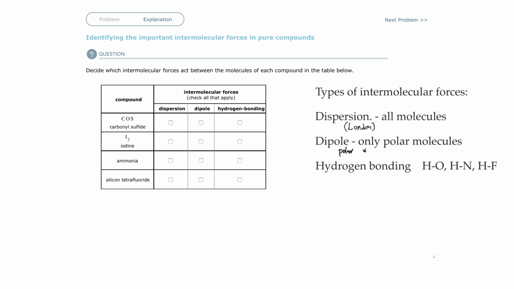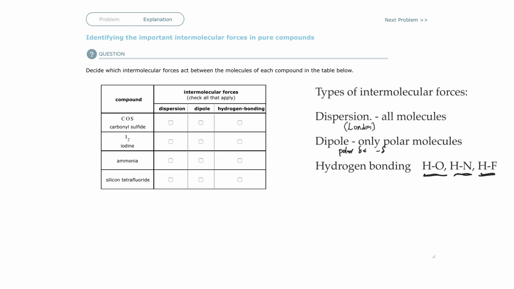One side positive and one side negative. Remember, we called it delta positive and delta negative. Okay, and then hydrogen bonding, which are the three types. Remember, are some kind of an electronegative with hydrogen. So an oxygen, nitrogen, fluorine reacting with another molecule like that.